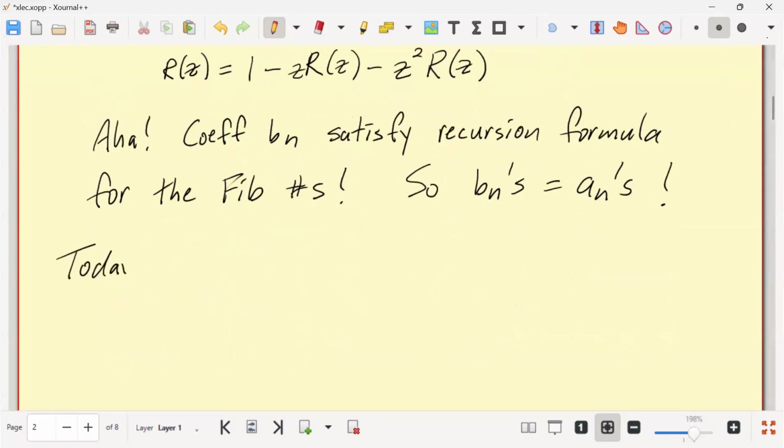is do a little more work and find the power series using simple facts about geometric series and figure out some interesting identities.